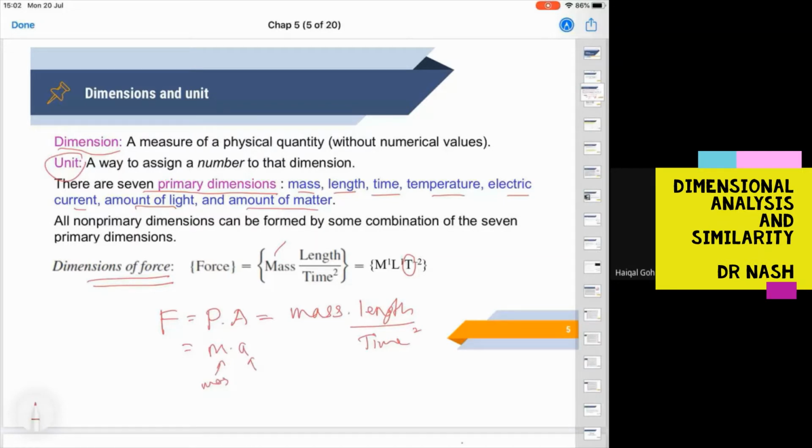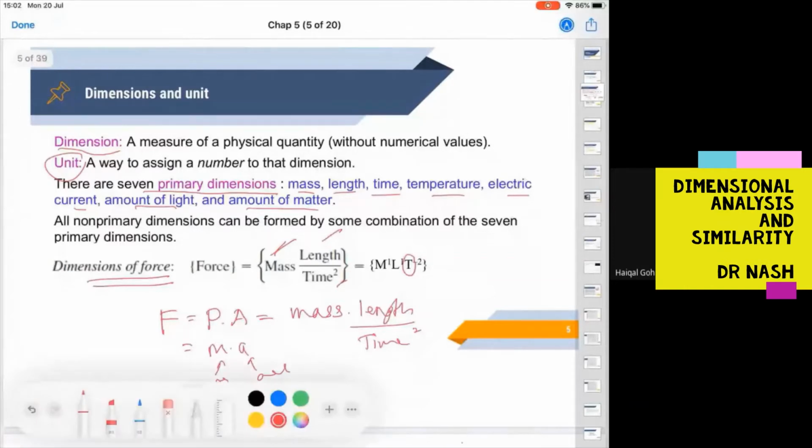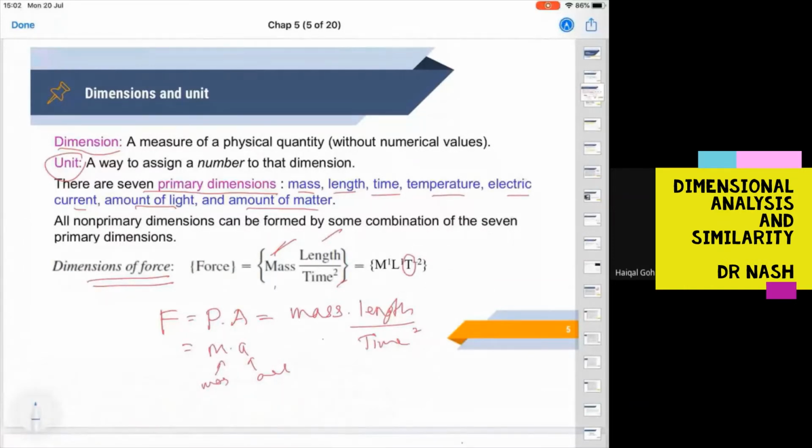So basically when we look carefully, it has mass, length and time. When we convert to units, to dimensions, mass is M, length is L, and time is T. So when you put them together, you have M power of 1 because it only has one value.